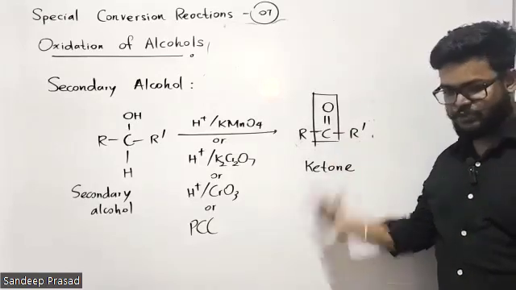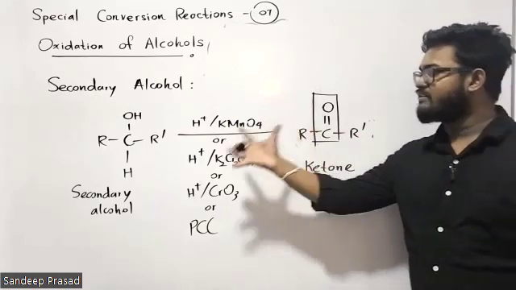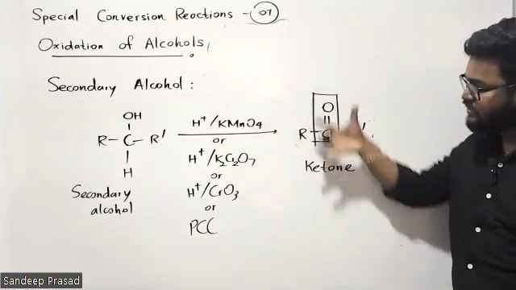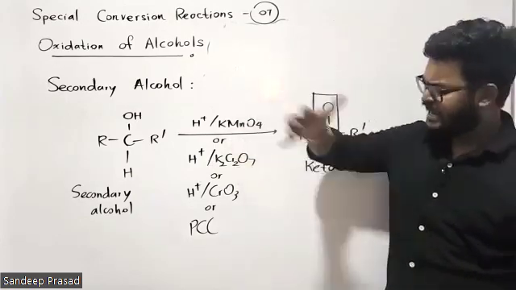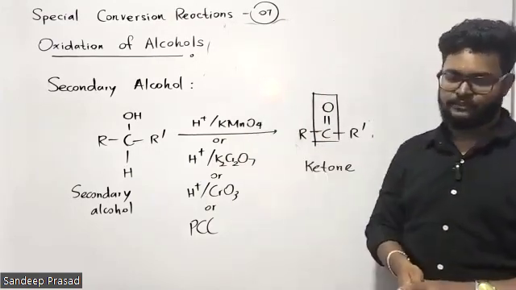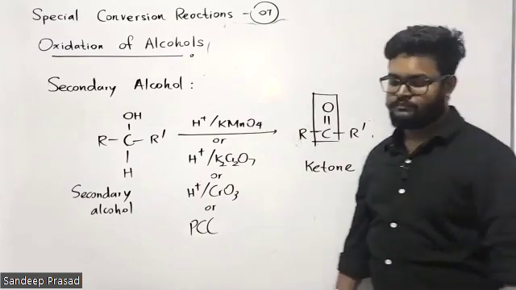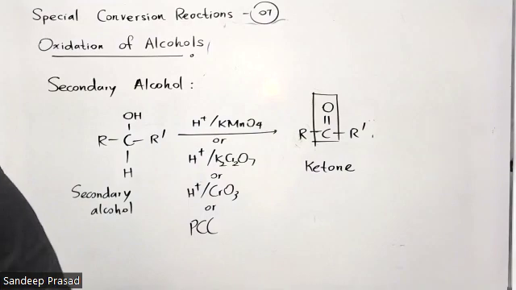So we have to stop at the ketone stage. Secondary alcohols are converted into ketones by addition of acidic KMnO4, acidic dichromate, acidic CrO3, PCC, any oxidizing agent. Actually, these are the four oxidizing agents we have here. Quickly, very easy. So this is what happens in the presence of a secondary alcohol.